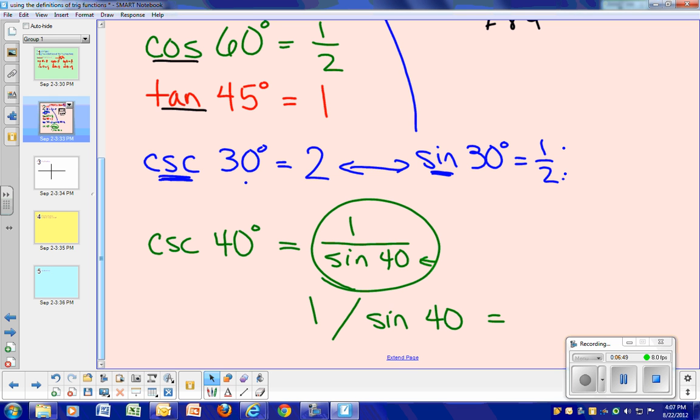I'm going to go ahead and do that because I don't actually know what that is off the top of my head. I got 1.556. It's a good idea when you're giving calculator answers to round to 3 decimal places. That gives us enough accuracy for anything we're going to do.